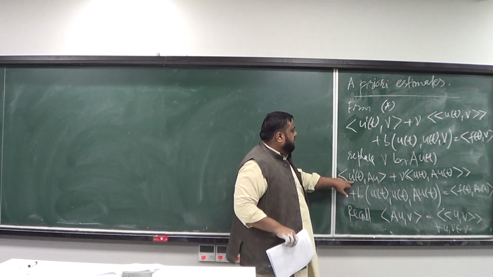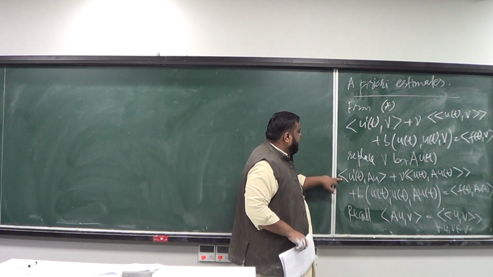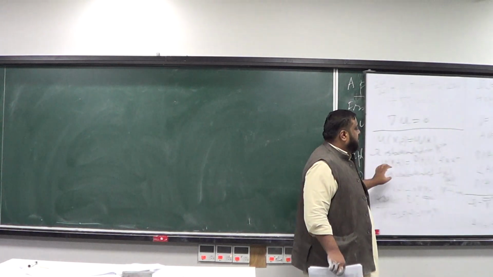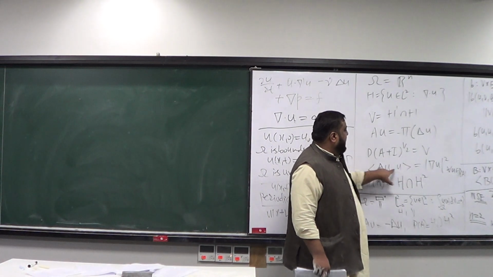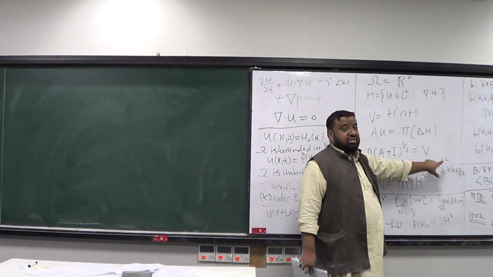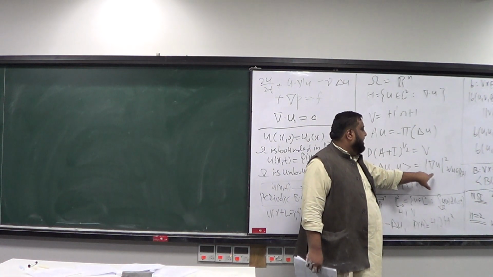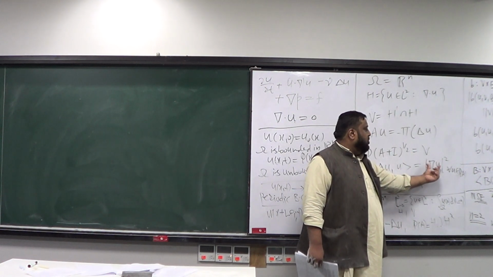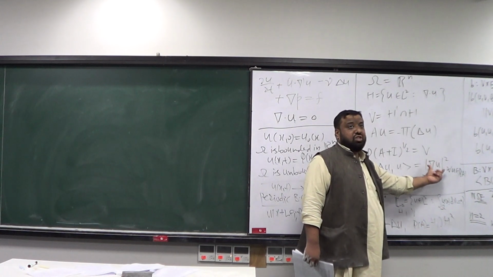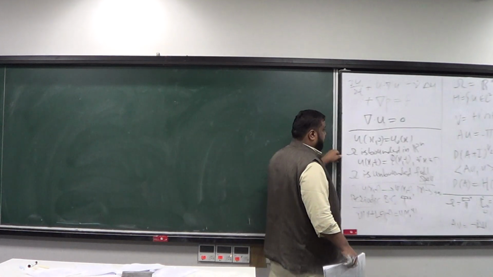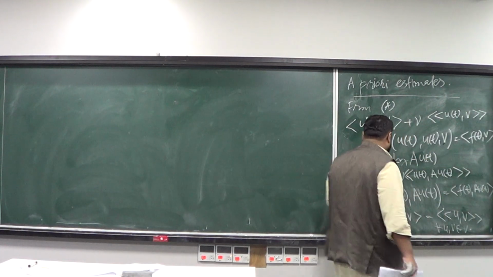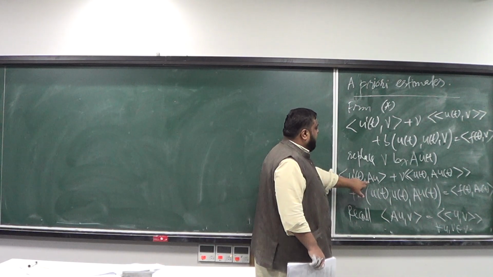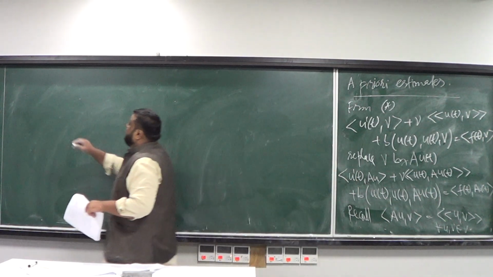So I can pull the time derivative outside, and I'm going to get (u, Au). But (u, Au) is the gradient of u squared, and that is basically the V norm. So it's going to be the V norm squared of u. So the first term, pull out the derivative, you remain with (u(t), Au), which is the V norm squared of u.